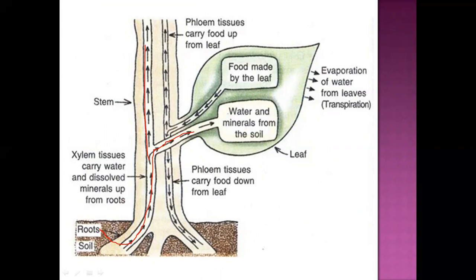When it reaches the leaves, because leaves are preparing food, it has to move upward as well as downwards, and this downward movement is called translocation, and the upward movement is called transpiration. So phloem carries food from the leaf, and here the evaporation or transpiration is done because water is coming out of the leaf.